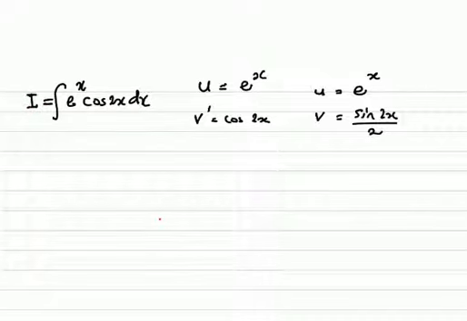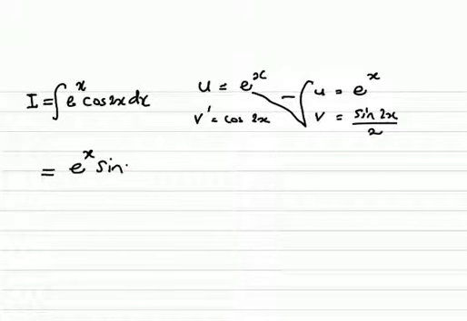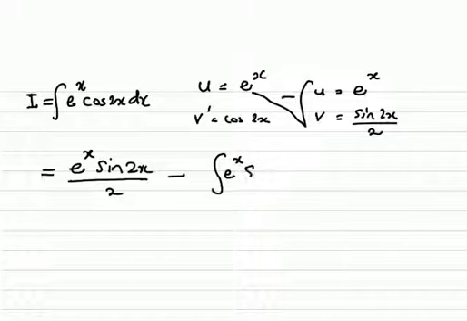Then if we start our process of integration, which we've already started here, we multiply our u and v, take this under the integral sign with the subtraction before the integral sign. So which means that this integral is going to be e to the power of x sine of 2x over 2 minus the integral of e to the x sine of 2x.